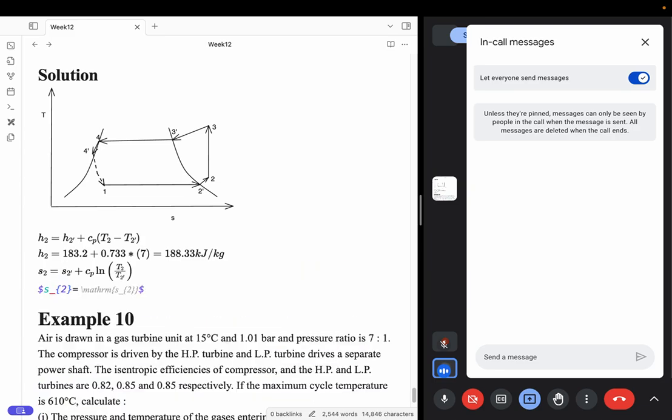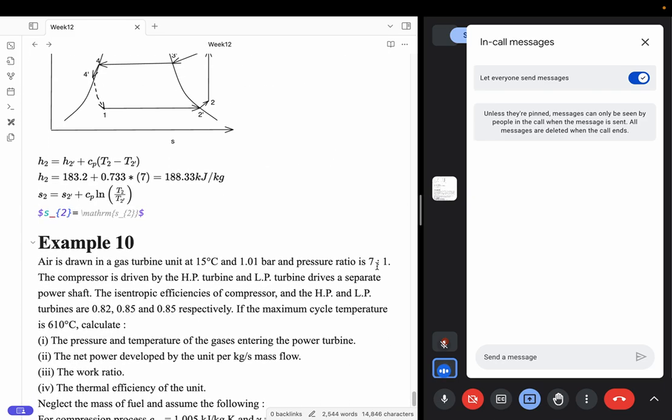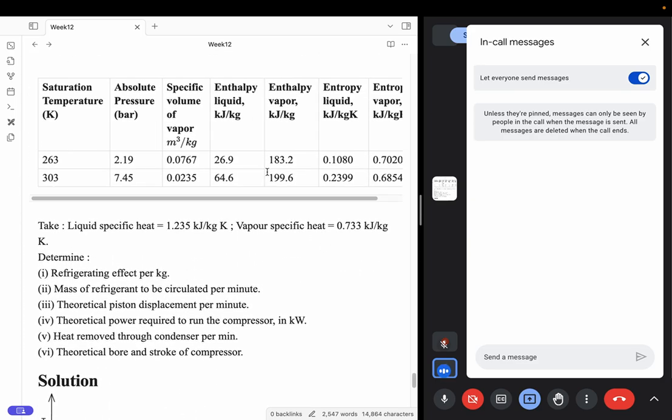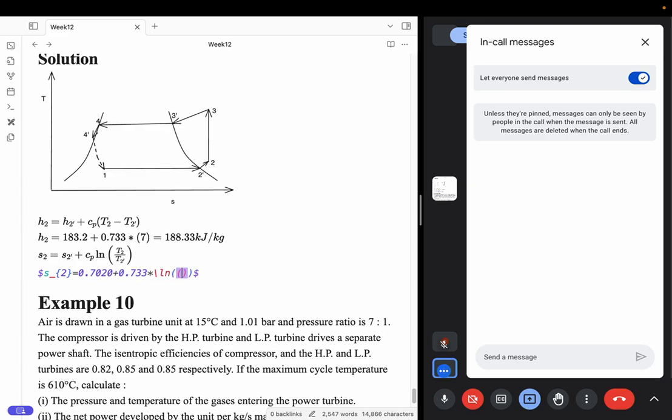If you substitute the values, S2 prime is the entropy of vapor, 0.7020, plus Cp, which is 0.733, times ln of T2 by T2 prime. So what is T2 and what is T2 prime? T2 is already known here: the saturated temperature is 263 plus the degree of superheat, 7, divided by the saturated temperature, 263.